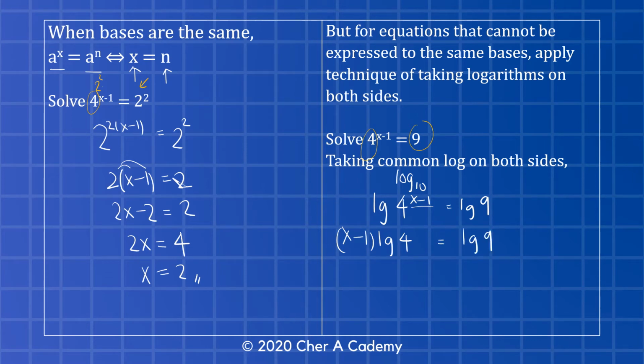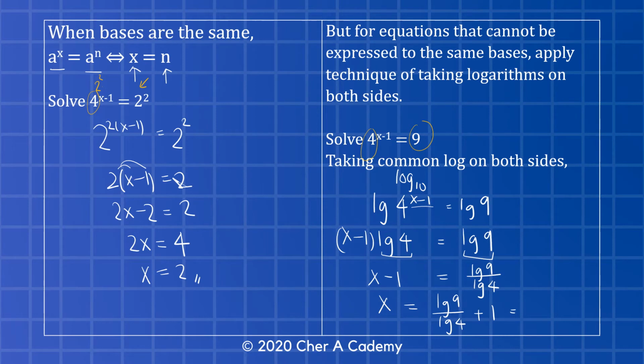Don't be afraid of log 4 and log 9. They are values if you key in the calculator. So I'm going to bring the values to the same side: x minus 1 equals log 9 over log 4. I'll then have x equals log 9 over log 4 plus 1.